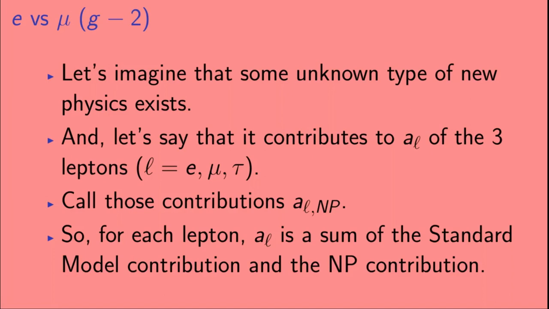So it contributes to A E, A mu, and A tau. And let's call those new physics contributions A sub the lepton NP, where NP stands for new physics. So for each lepton, A, so A E or A mu or A tau, is a sum of the standard model contribution and the new physics contribution.